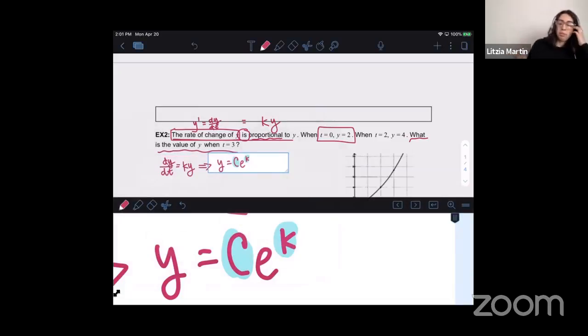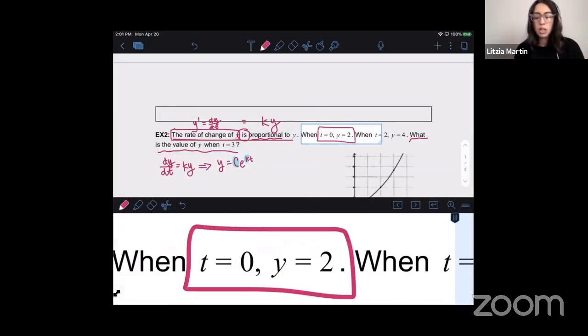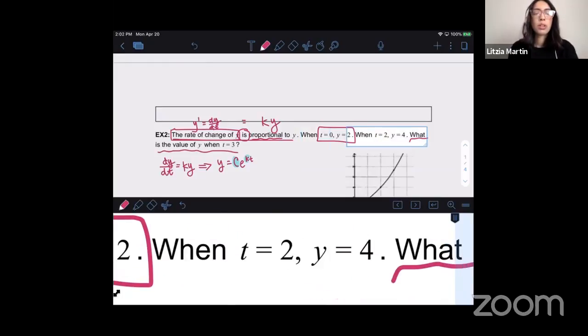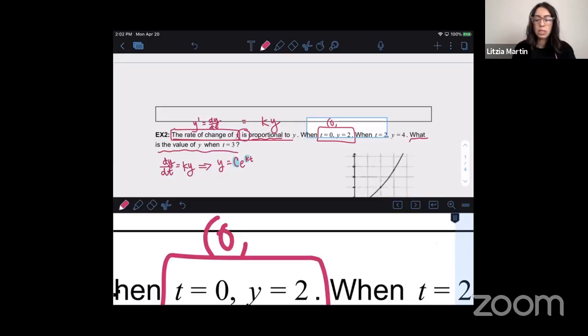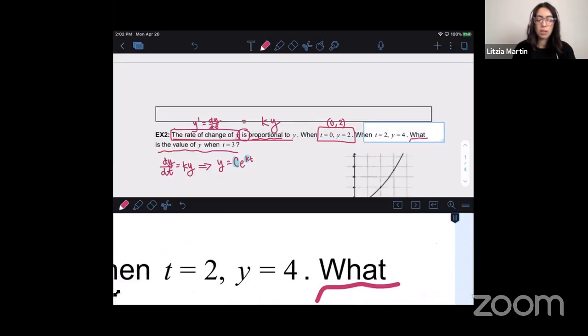Remember, they gave us some initial conditions. When t is equal to 0, y is equal to 2. That's an input and an output. When t is equal to 2, y is equal to 4. That's another input and output.